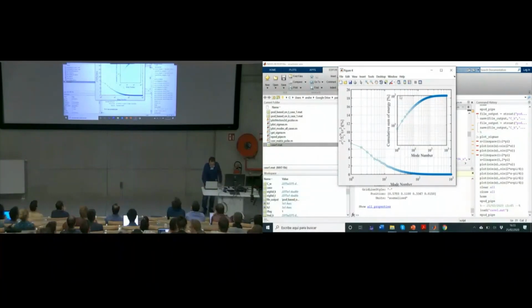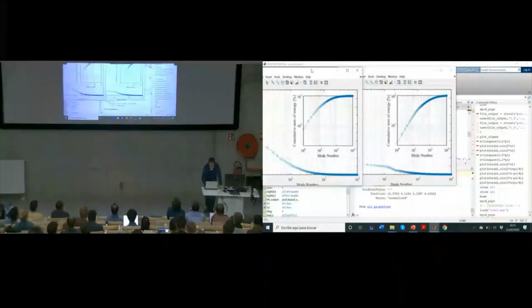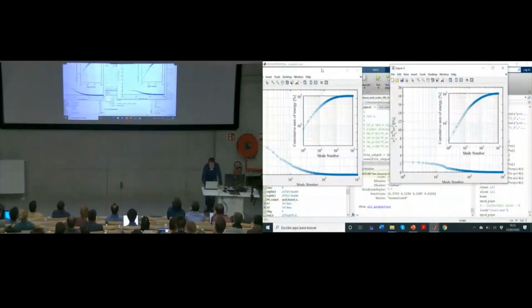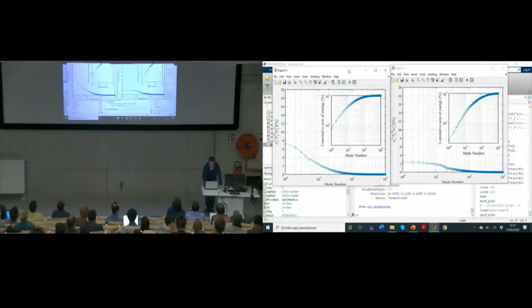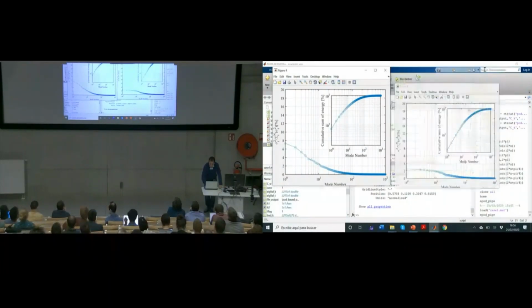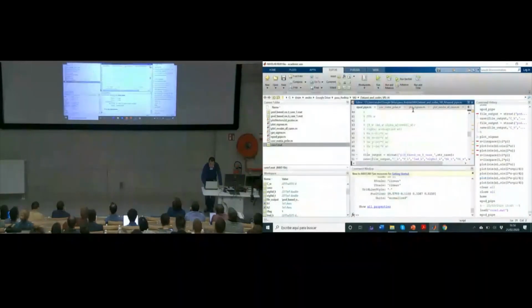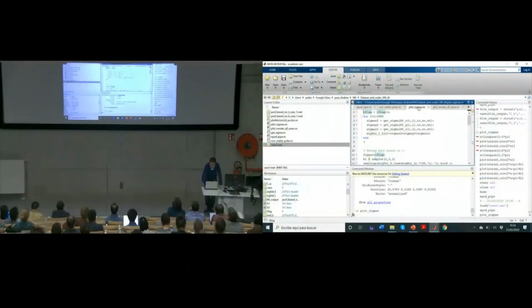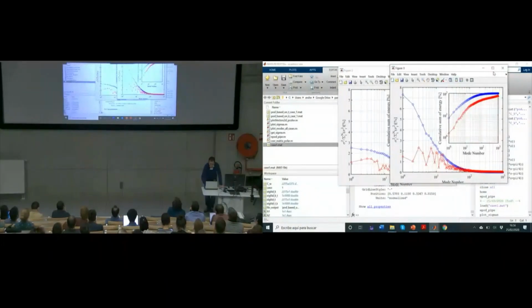So I got the results here. You can see the singular values of the temperature snapshot matrix and the turbulent kinetic energy, and we can plot also the extended values.